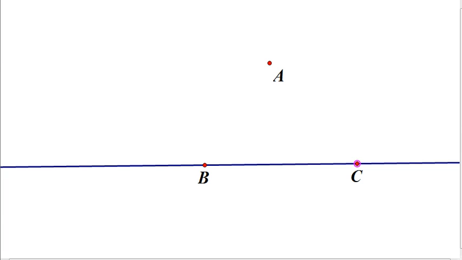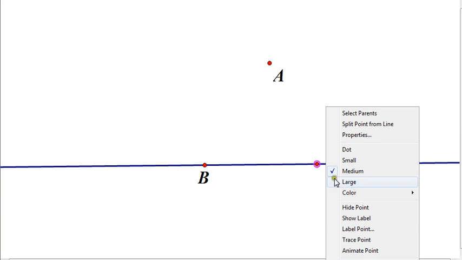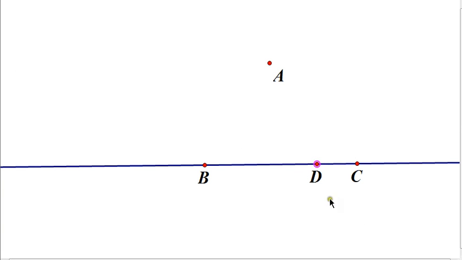Let's take any arbitrary point on the line BC. We label it D and join AD, that is, the segment AD. Also we construct its midpoint.